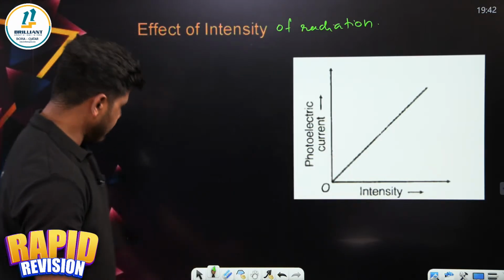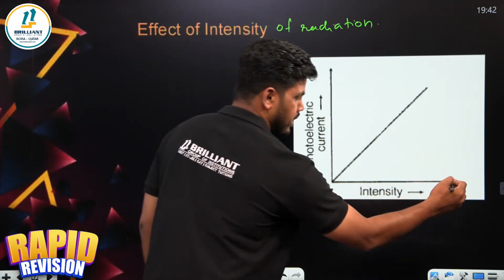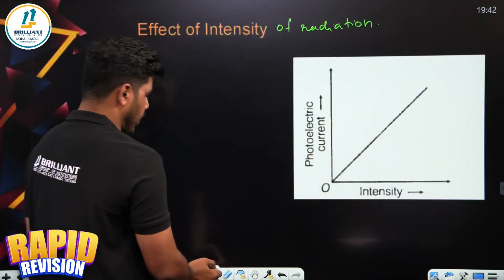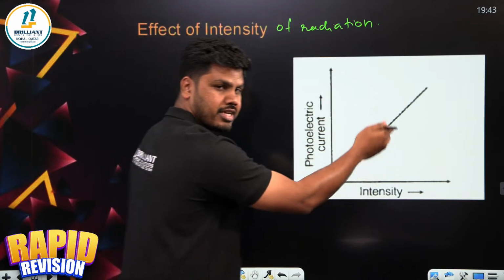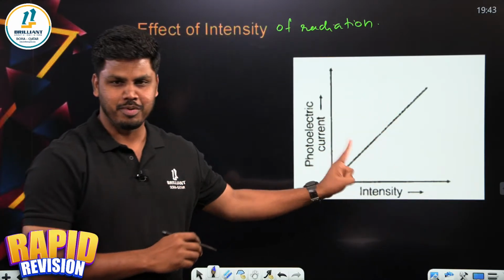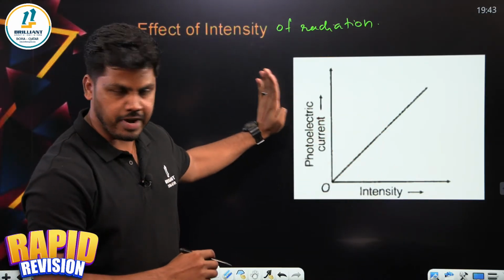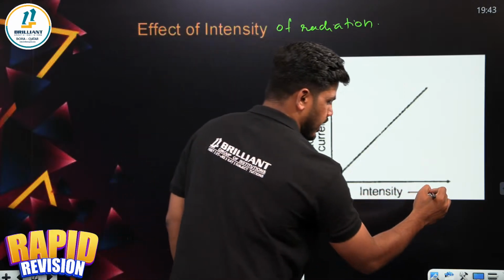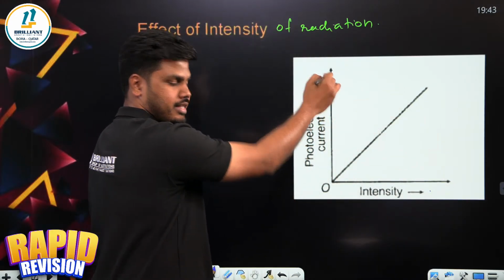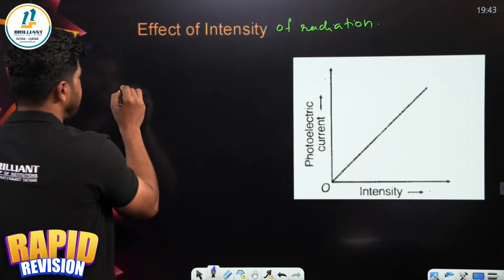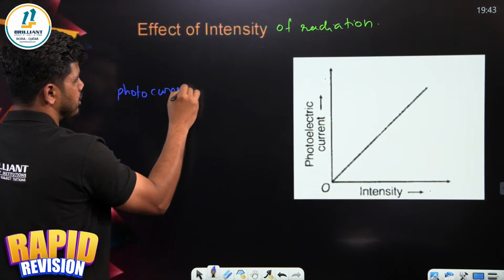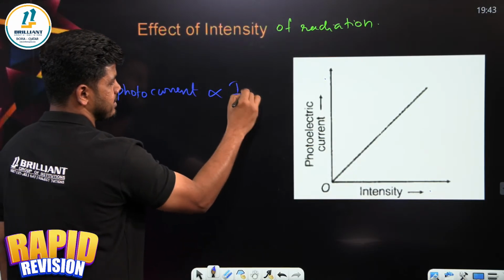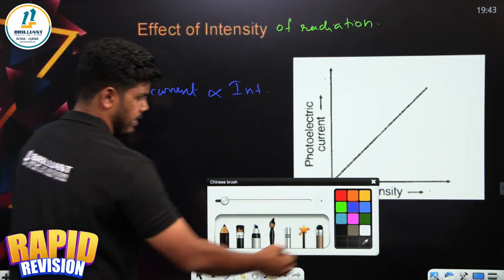It is found that when you increase the intensity, the photoelectric current also increases. The graph was a straight line, the first important graph we got from the first factor. Intensity of radiation and photoelectric current are directly proportional.